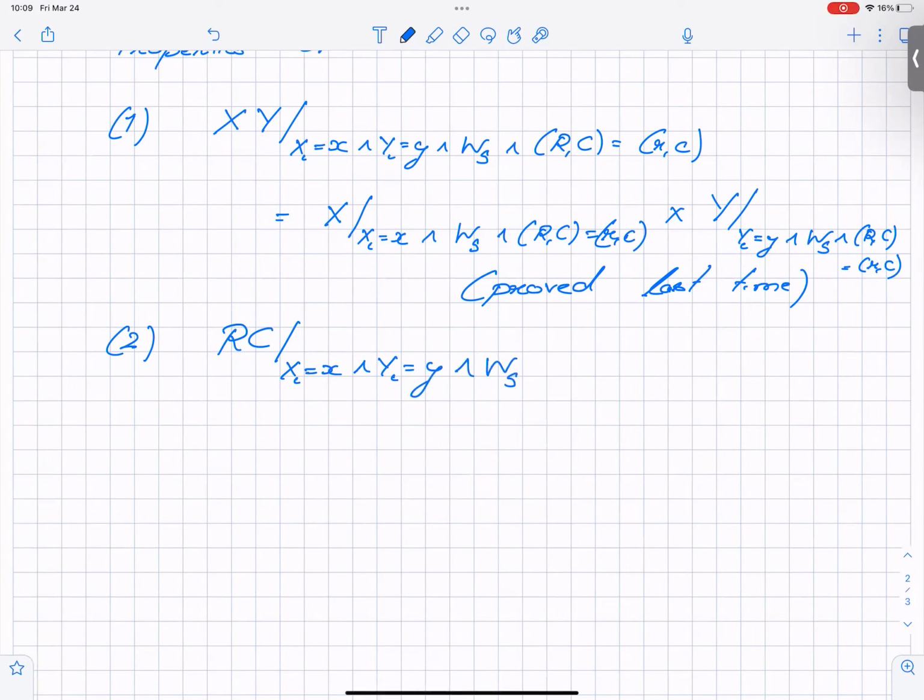Somebody who knows x and y knows what the RC sample is that they're going to get. You want to show that this is close to RC. Alice can generate it just with her view of the world, and also Bob can generate it, the second prover, from his view of the world.